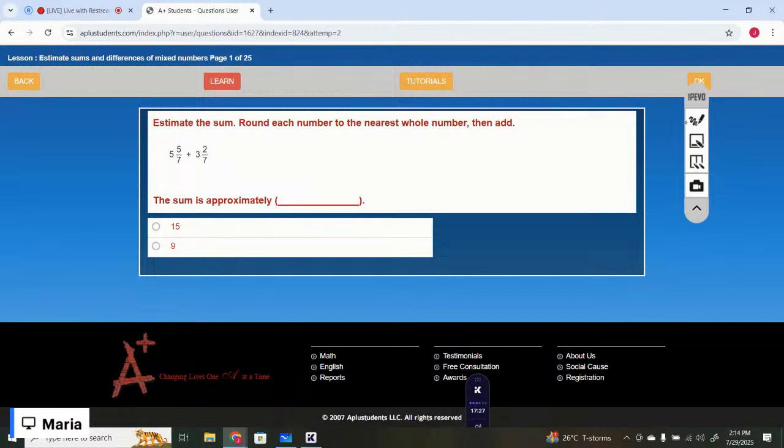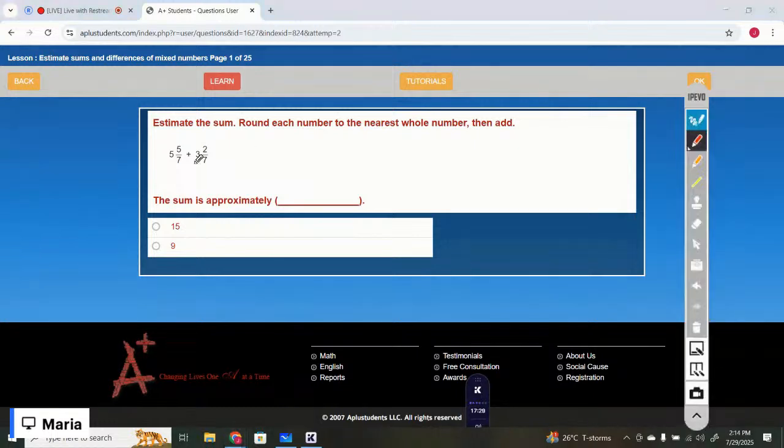So 5 whole 5 over 7. The 5 over 7 is more than half, right? So it would be rounded to 6. Same way, 3 whole 2 by 7. 2 by 7 is less than half, so you need to round on the same whole number, that would be 3. So 6 plus 3 is 9. The correct option is 9.